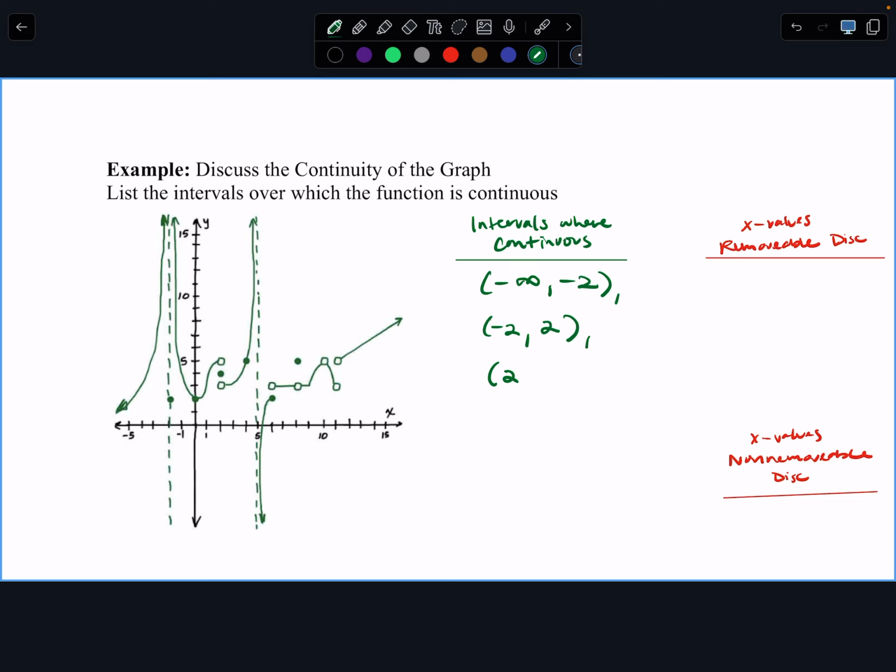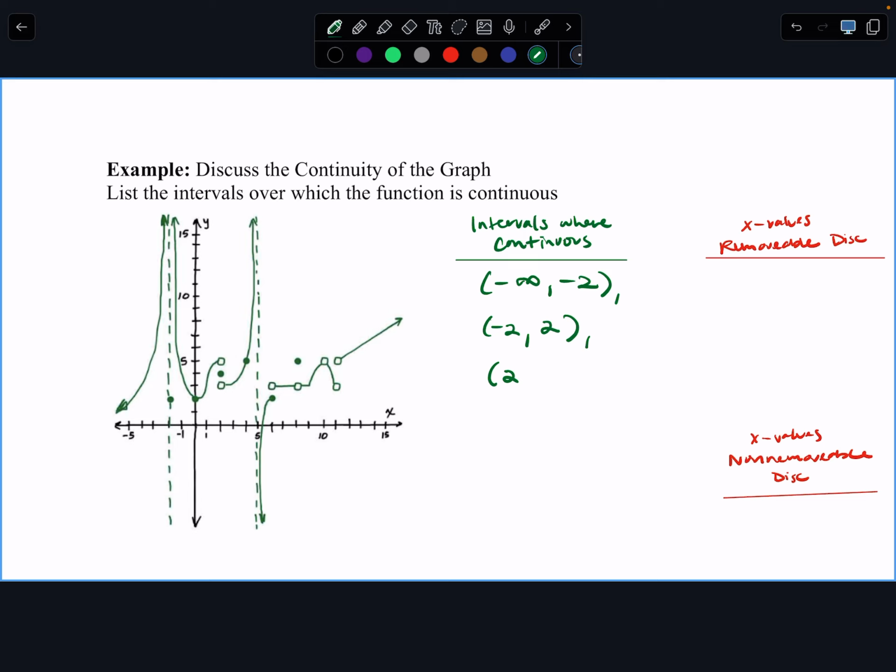Okay, so at -2, it looks like the function increases without bound from the left or right side of -2, which indicates there's a vertical asymptote. Even though there is a point there, the function is increasing without bound from the left and the right side. So that's a non-removable discontinuity, which we'll talk more about in section 1.5. At x equals 2, we see the one-sided limits both exist, but they're not equal to each other, causing the jump.